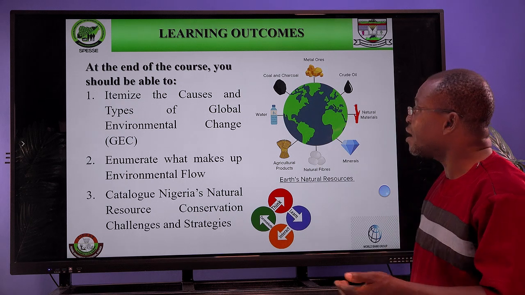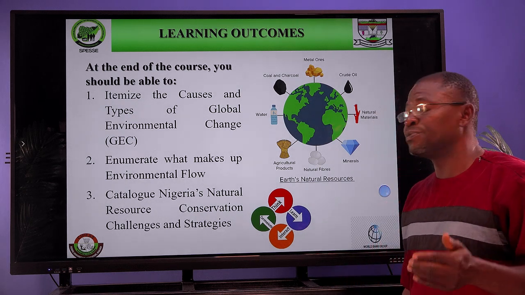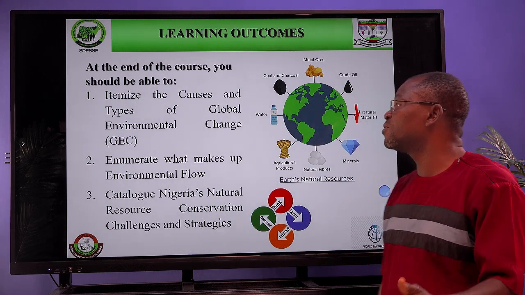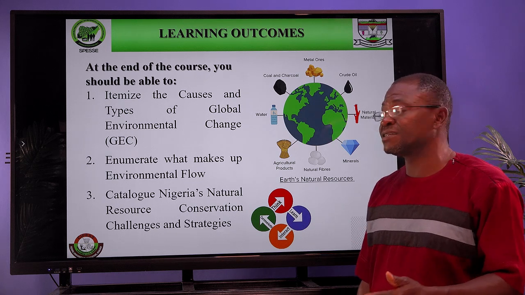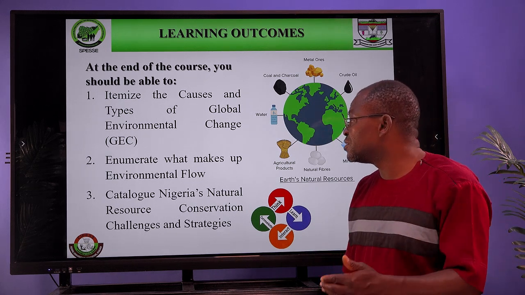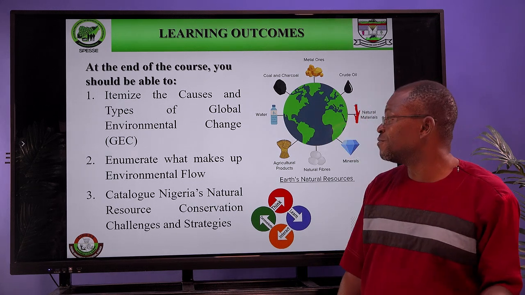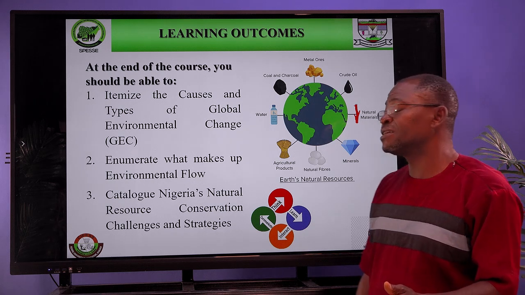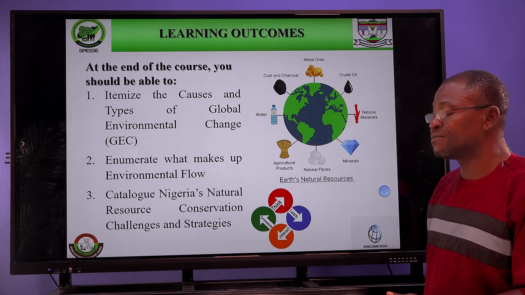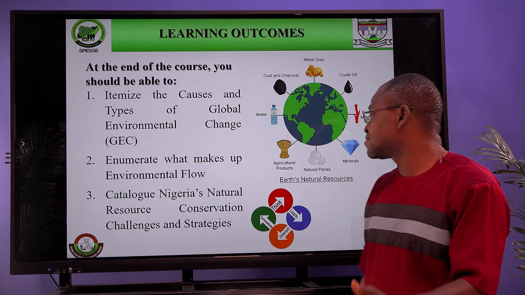At the end of the course, you will be able to itemize the causes and types of global environmental change. You should also be able to enumerate what makes up environmental flow, and then you should catalog Nigeria's natural resource conservation challenges and strategies.